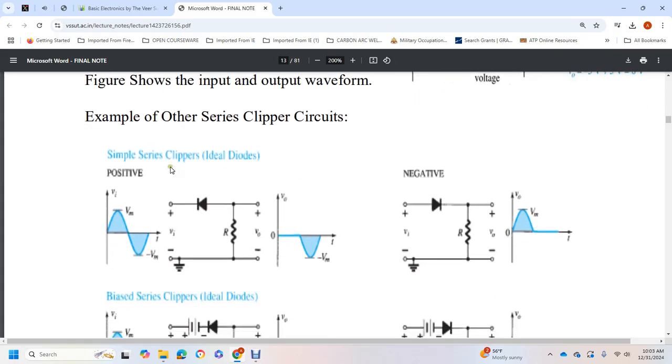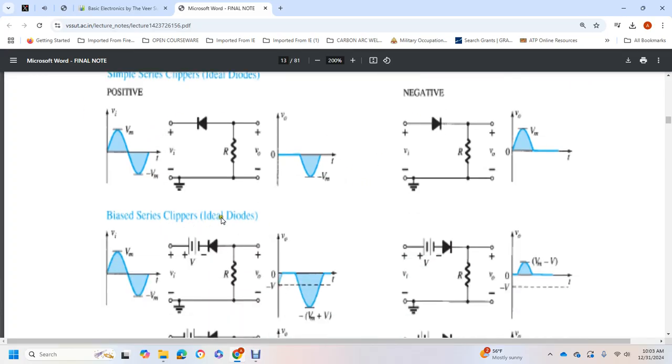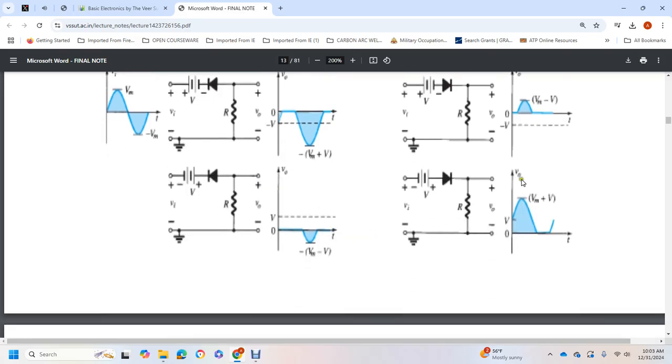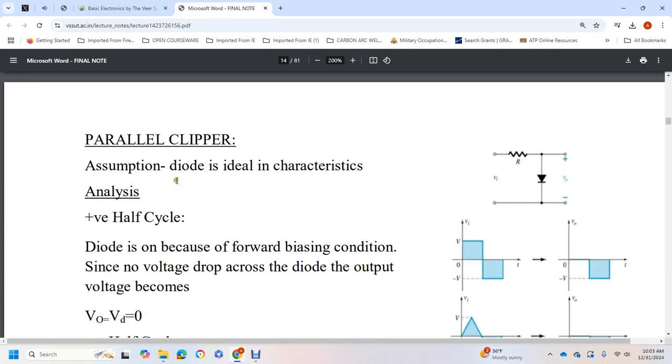So we have simple series clippers with ideal diodes, positive and negative, and then biased series clippers with ideal diodes, and it shows these four different ones. Parallel clipper, assuming the diode has ideal characteristics: in the negative voltage half cycle, the diode is often in forward biasing condition.